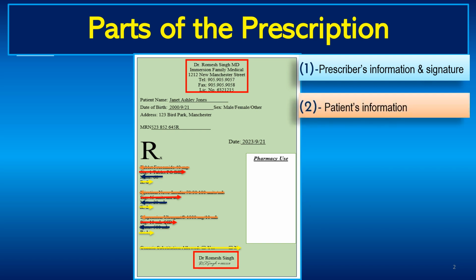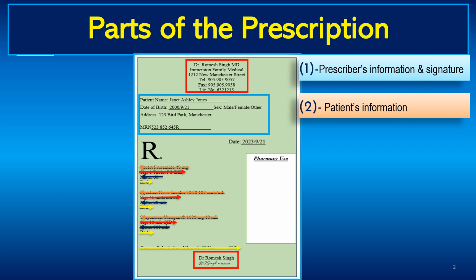Now, the second thing that must be there is patient information. So who is the medication for? I must see a name on that prescription. You want some details for the patient as well. So you can have things such as the date of birth of the patient or the age, the sex of the patient, whether the patient is male or female.